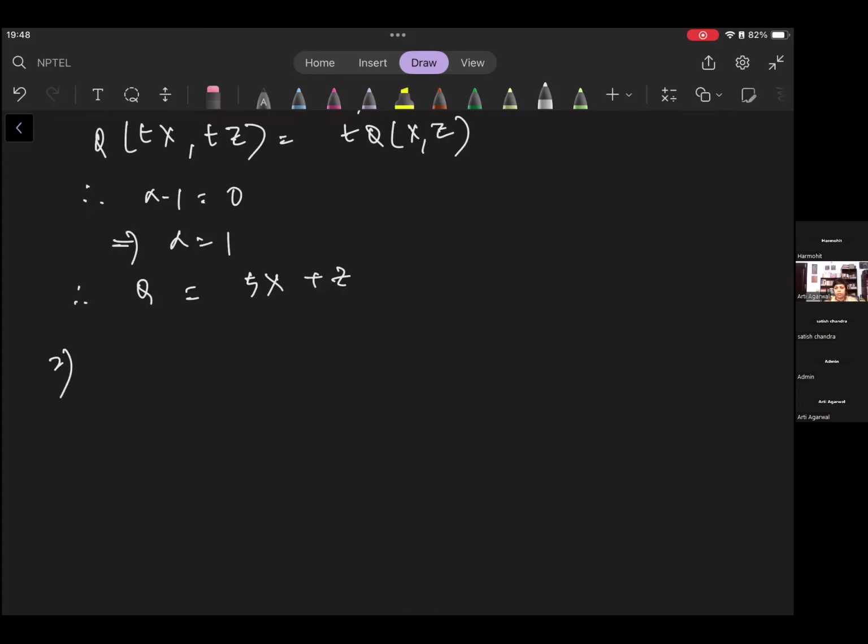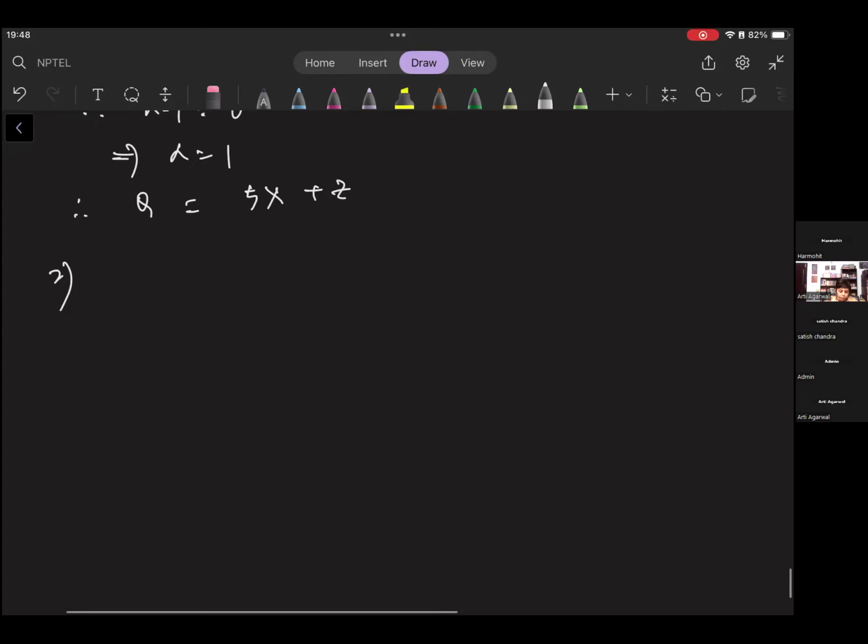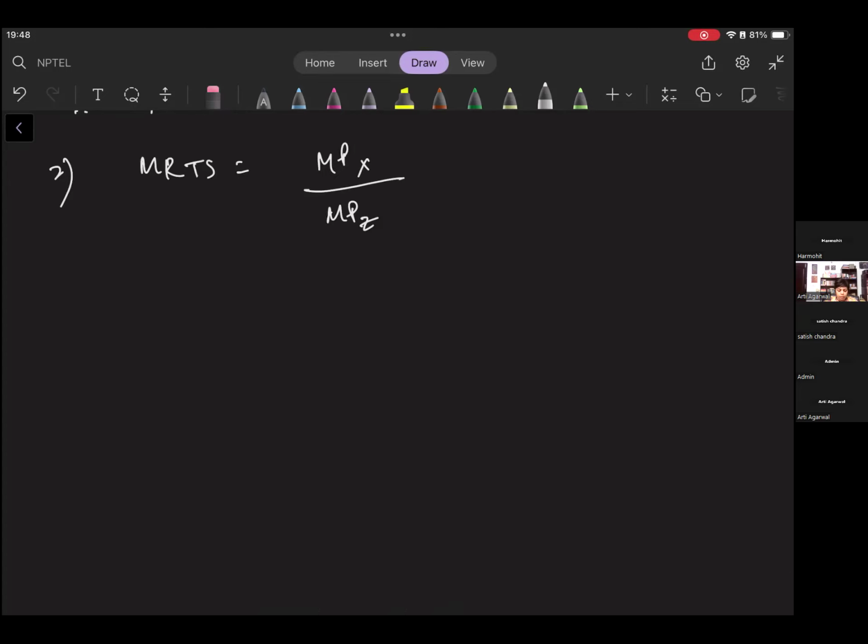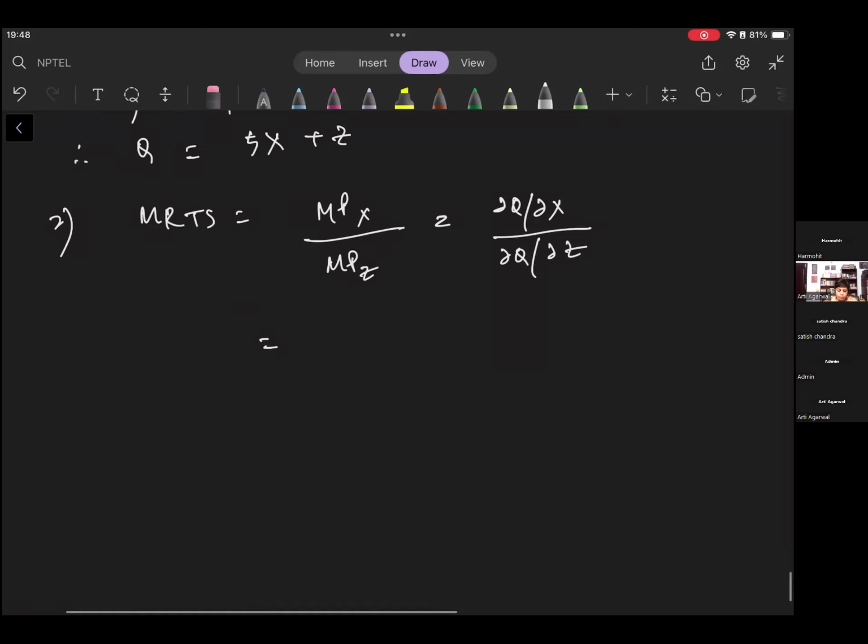Okay. The next subpart is asking us what? MRTS. So you have marginal product with respect to x upon marginal product with respect to z. X and Z are our inputs. So it is equal to del Q by del X over del Q by del Z. Where is our function?